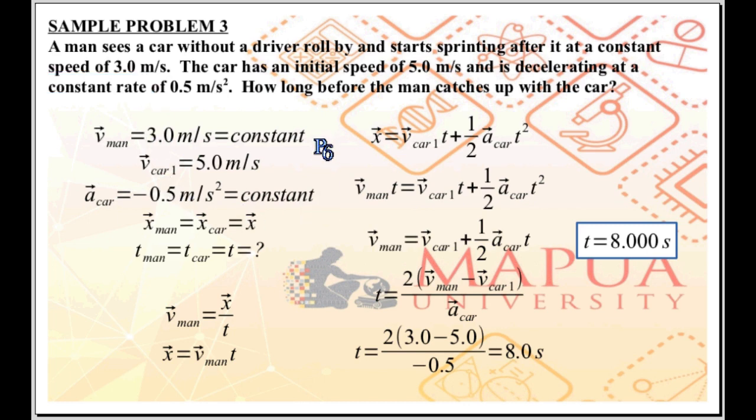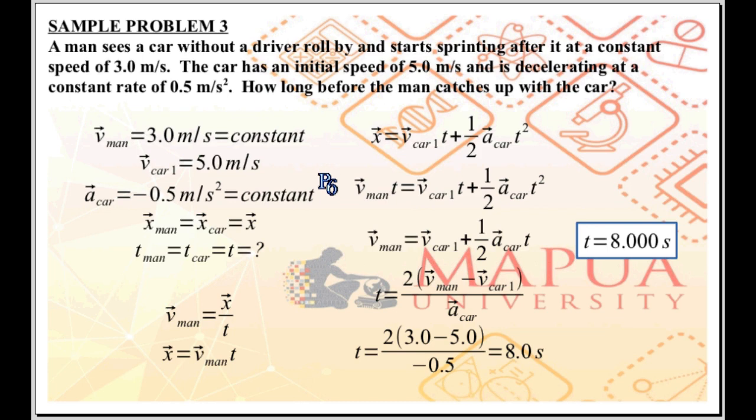So we have two objects moving. The man is undergoing constant velocity, therefore uniform motion, whereas the car is undergoing uniform acceleration, constant acceleration at a non-zero value.